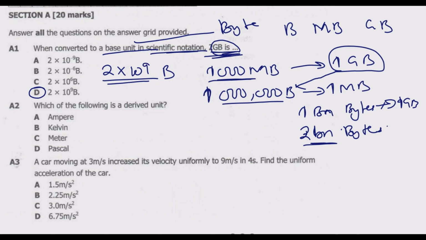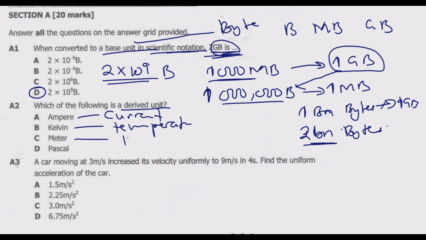Move to question 2. Which of the following is a derived unit? So what you are saying is we are looking for derived unit in this case. We know that basically ampere is basically the base, which is the measure of current. Then Kelvin is temperature.